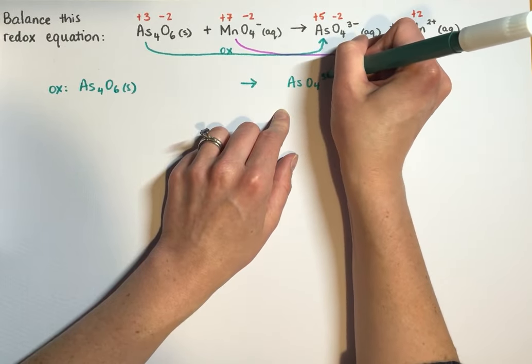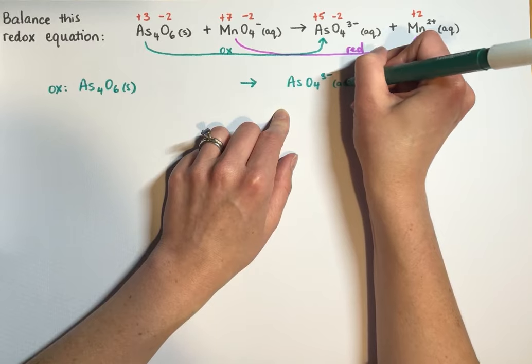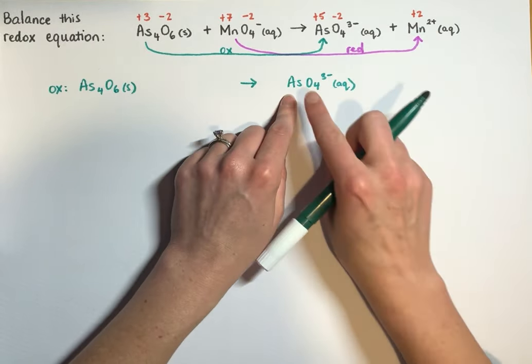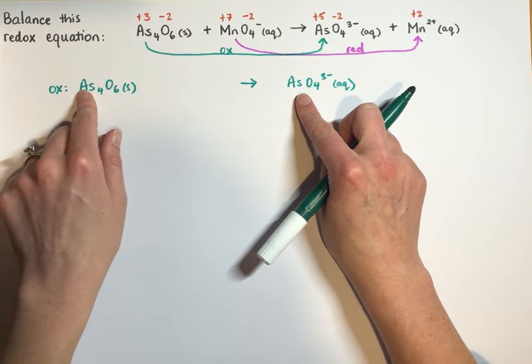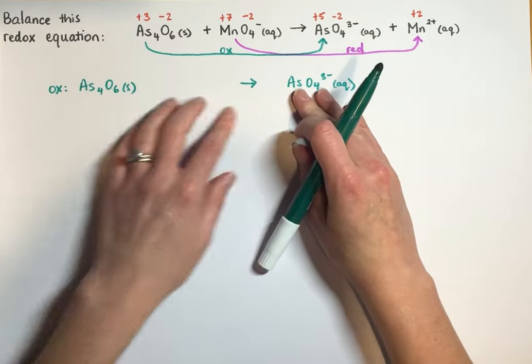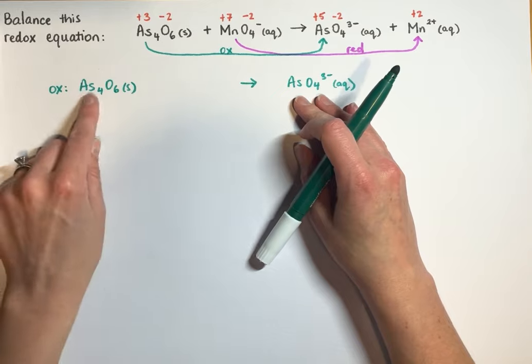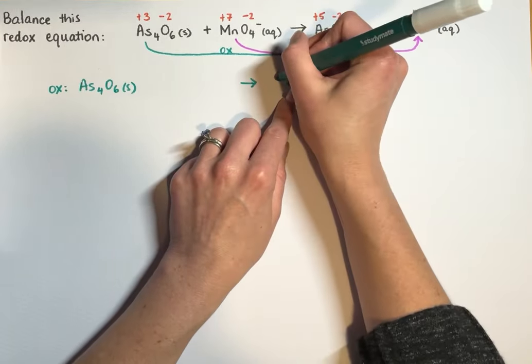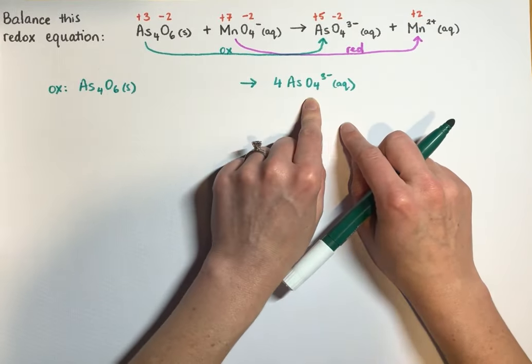Although just from your stoichiometry and things that you already know about balancing equations, you can probably already see that we've got to do something with this to balance the number of atoms we've got on each side. So if this is here As4, we're going to need 4 out the front, 4 moles here.